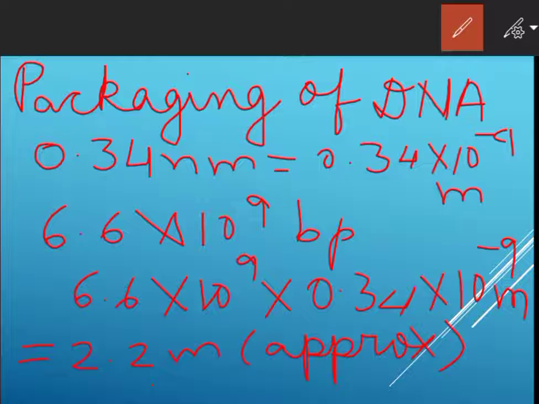Thus we see that the length of DNA is far greater than the dimension of a typical nucleus, which is approximately 10 raised to minus 6 meter in diameter. Therefore, there must be some special arrangement to accommodate such a long polymer in a cell of both prokaryotes and eukaryotes.